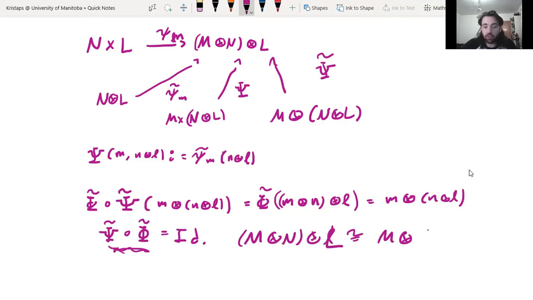Now, one thing that bears mentioning here: I warned you in the last video that you can't always just prove things on simple tensors and call it a day. In this case, we can, because if these are mutual inverses on the simple tensors, then extending by linearity, they're going to be mutual inverses on a general linear combination of simple tensors.